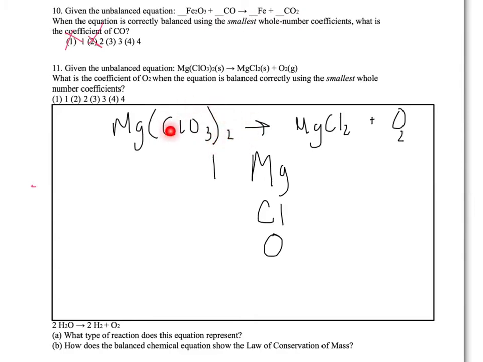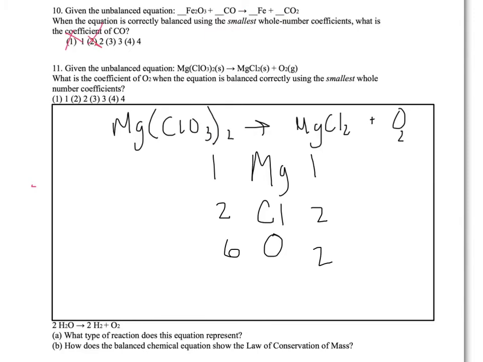So that means that there are actually 2 chlorines and 2 times 3, or 6 oxygens on the reactant side. Now on the product side, there's 1 magnesium, 2 chlorines, and 2 oxygens. So we can see that what is not currently in balance are our oxygens.